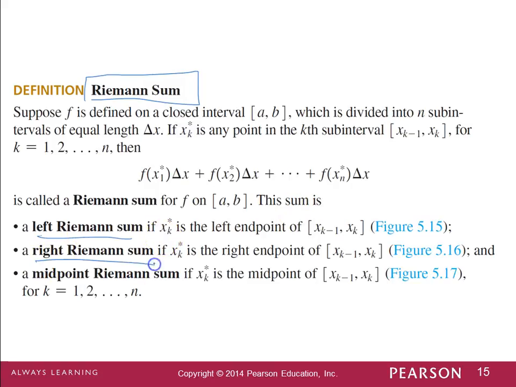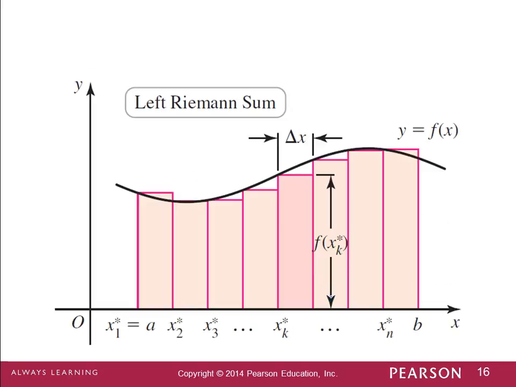With the right Riemann sum, we use all the right endpoints. That's why it's called left and right. With the midpoint Riemann sum, we use a midpoint between our endpoints in each subinterval, so we don't use any of our interval endpoints. We use a number that's halfway in between our intervals to evaluate in our function.